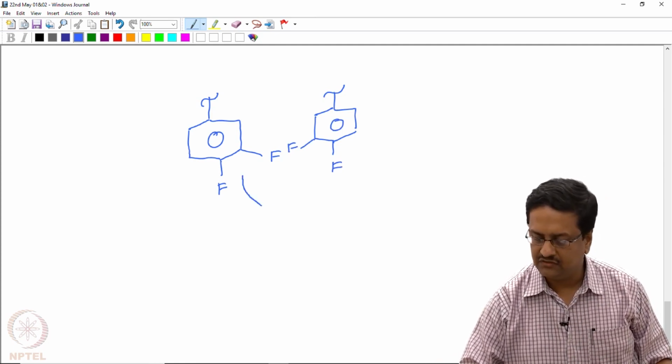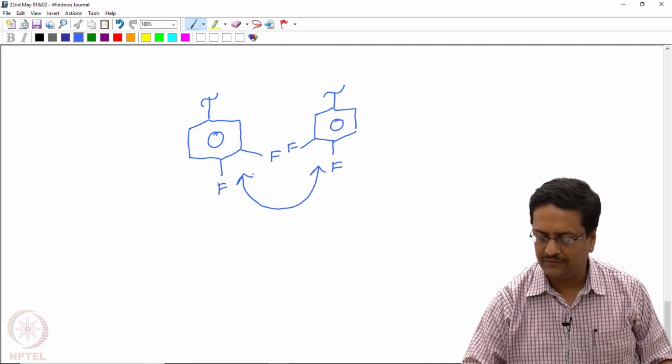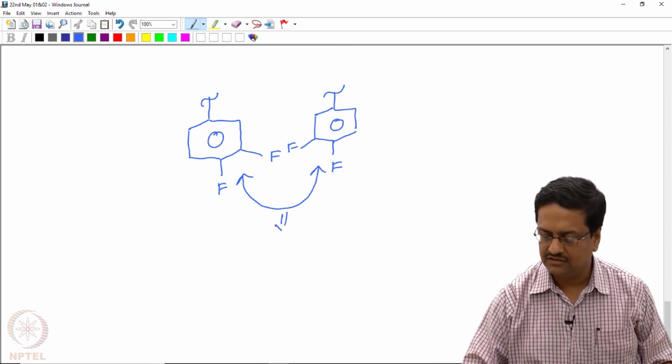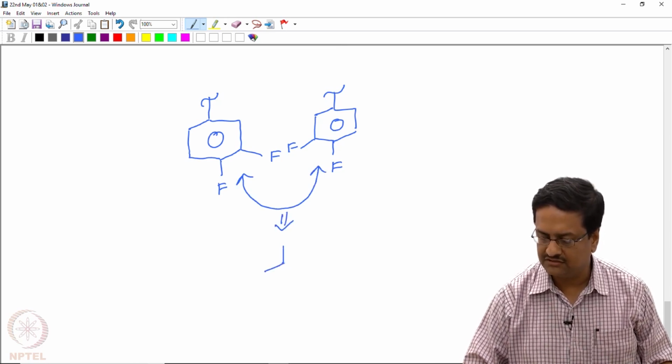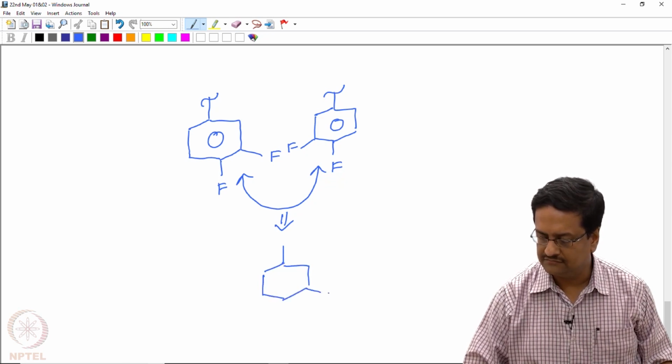The asymmetric unit represents an overall average of these two structures or these two conformations like this.